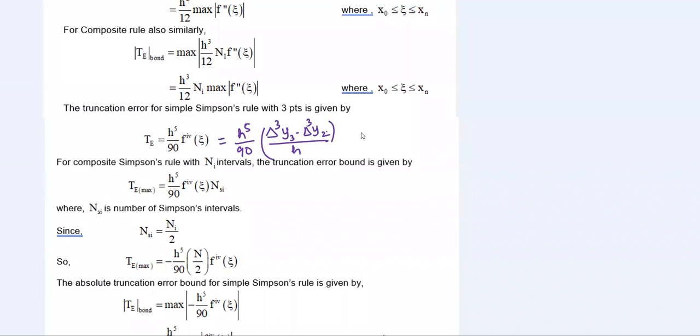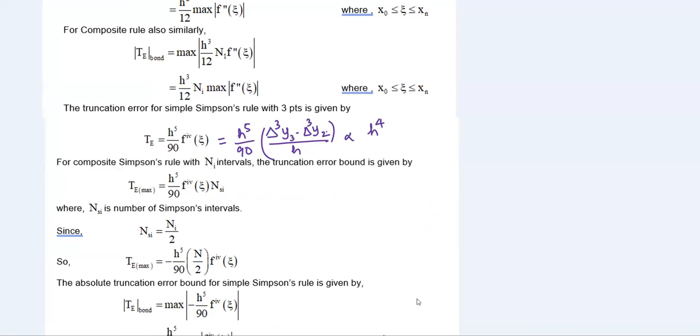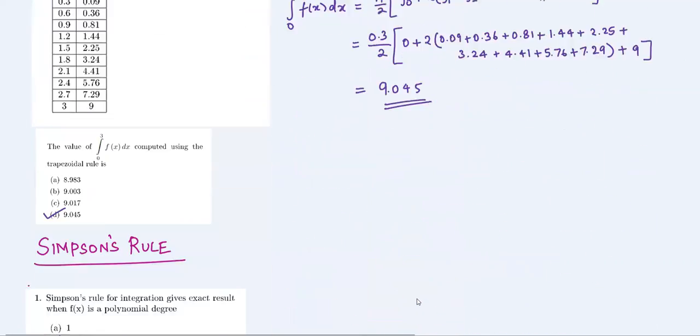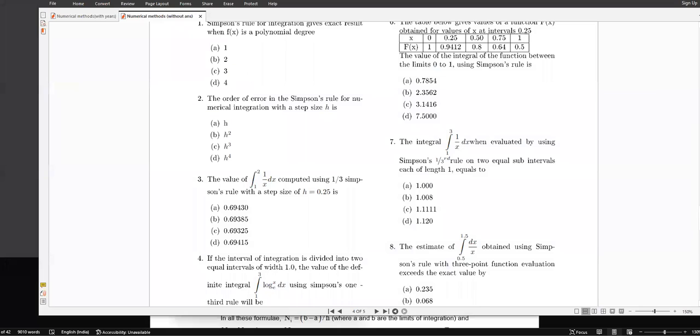So h cancels, and this is proportional to h to the 4. So in this result, the order of error will be h to the 4 for numerical integration.